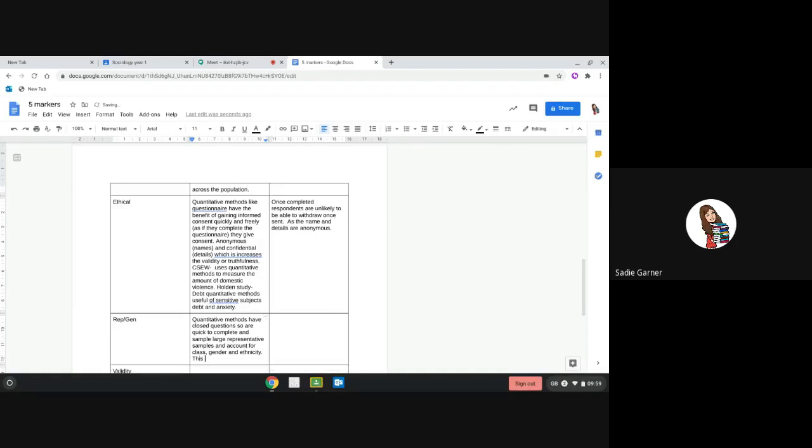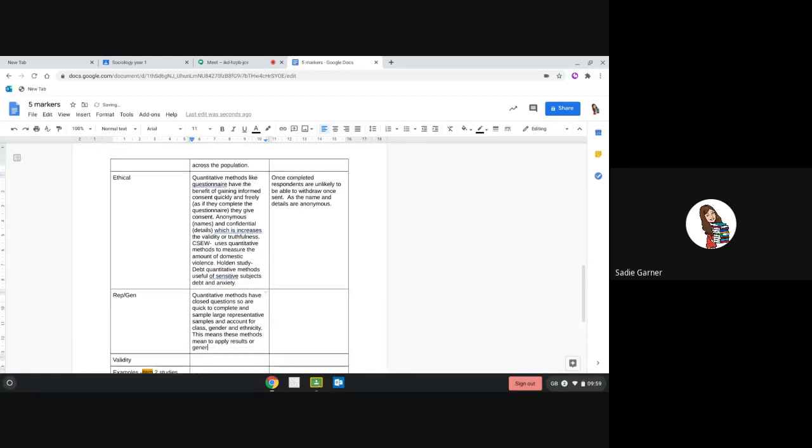This means these methods mean you can apply results, or generalize. Do you see how it's very clear when I'm using the grade-level terms that I do know what they mean, as I give a little explanation afterwards?